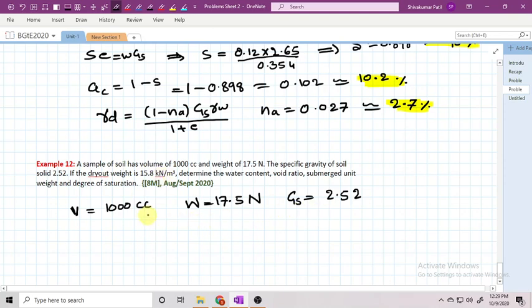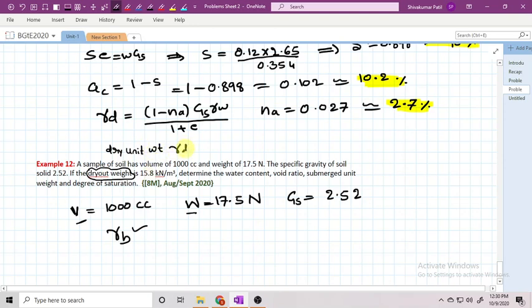But again, this is a problem, because the volume I know, weight I know, I can find out the bulk density, and the dry density they gave. So this is some mistake in the problem, asked in a recent question paper. It's not the dry out weight, it's a dry unit weight.